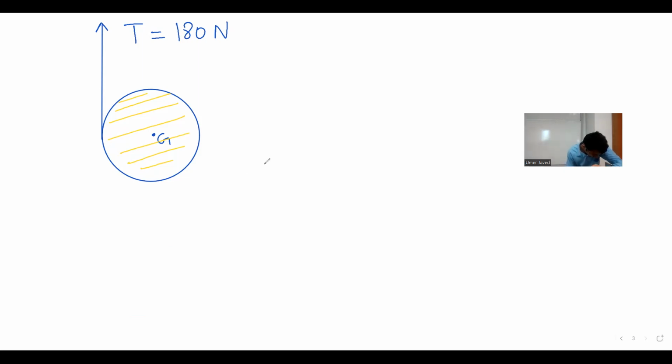The question says that starting from rest, so if this is your y-axis, this is your x-axis, and this is my x-axis. Bear with me, please.